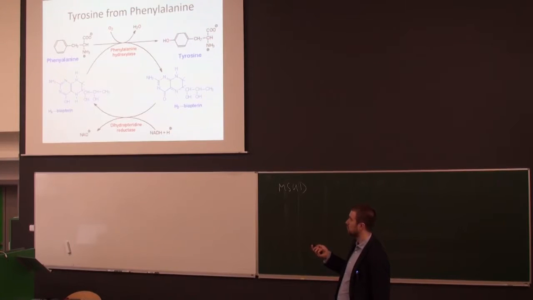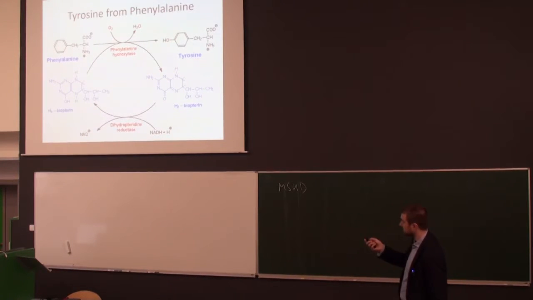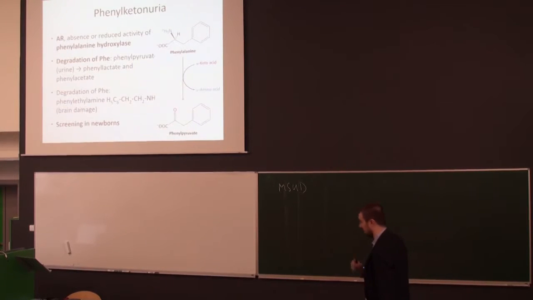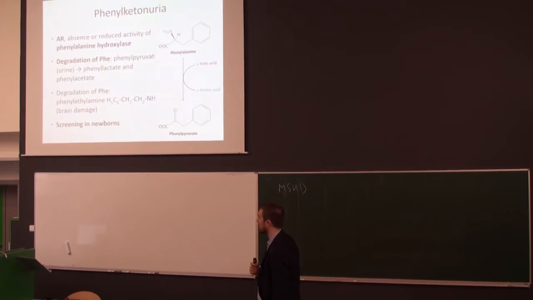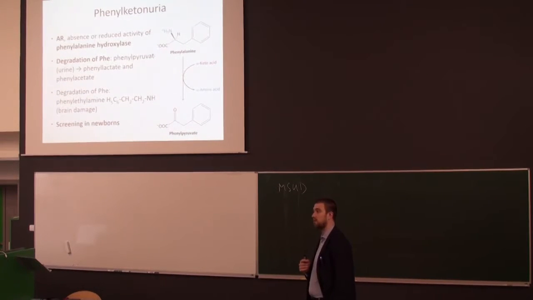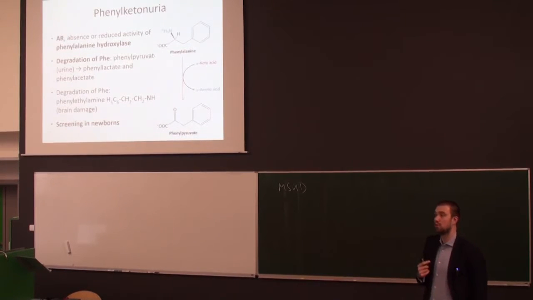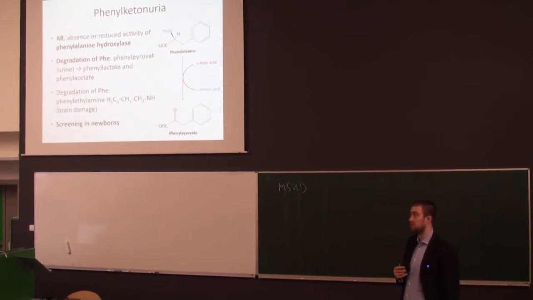Why do we want you to know this enzyme? The phenylalanine hydroxylase is important due to the fact that its enzyme defect stands behind another quite known disease, and the absence or reduced activity of phenylalanine hydroxylase leads to phenylketonuria.